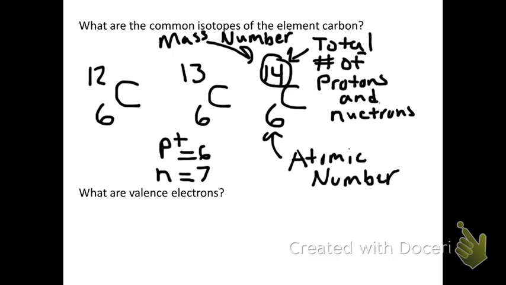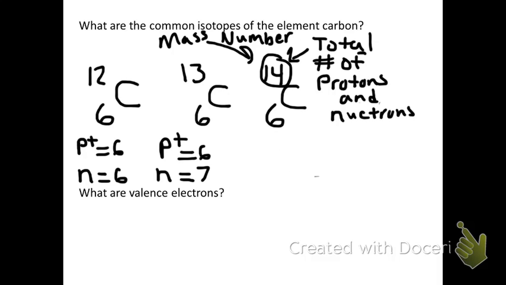Okay, let's do that for carbon-12. Carbon-12, of course, has 6 protons, and the number of neutrons, well, 12 minus 6 is 6. So it has 6 neutrons. We can also do the same for carbon-14 over here. Protons is 6, of course, but the number of neutrons is 8, and that would be 14 minus 6.